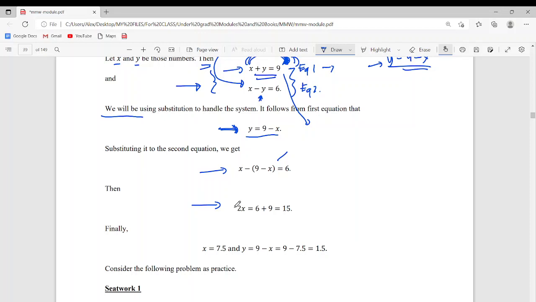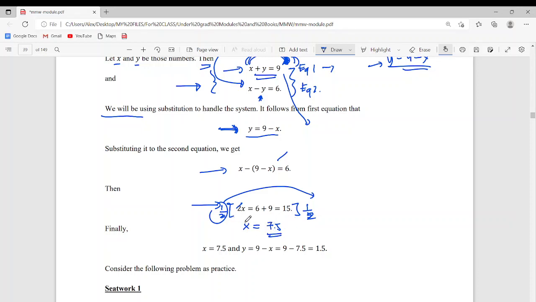We can multiply it by the inverse of 2, which is 1/2, and cancel it out, so we have x is equal to 7.5. We multiply the other side as well, since we are working with equalities. 1/2 of 15 is just equal to 7.5.